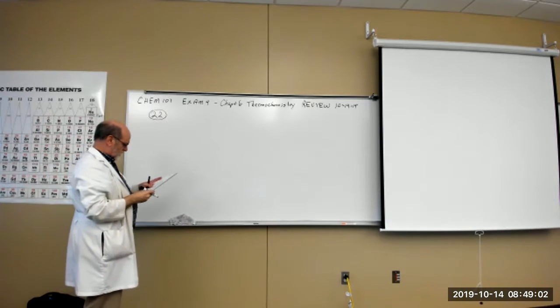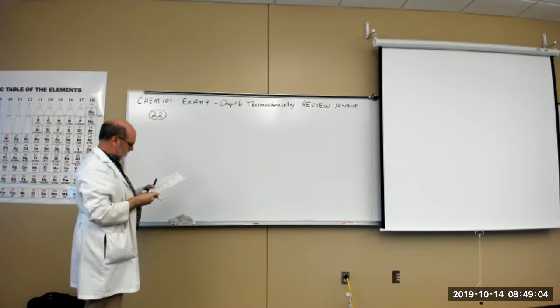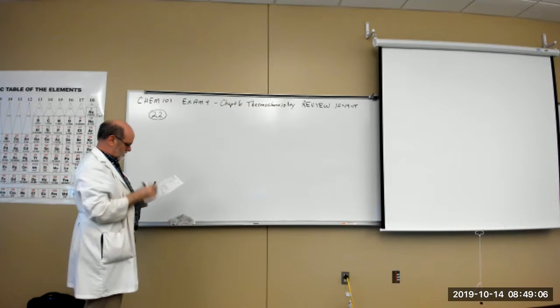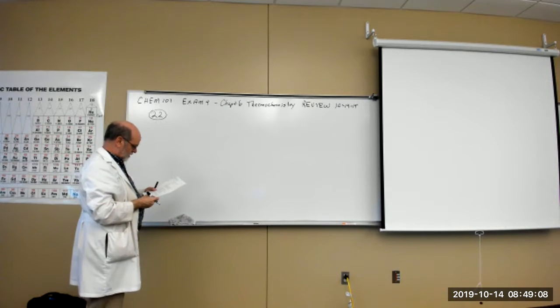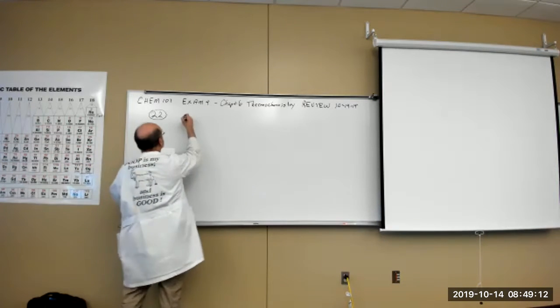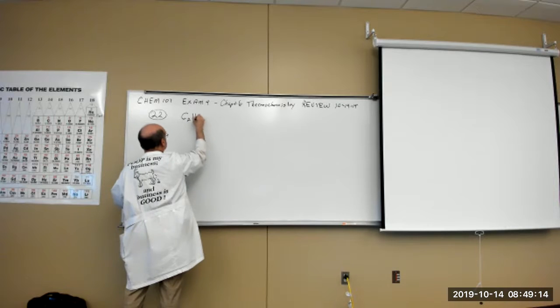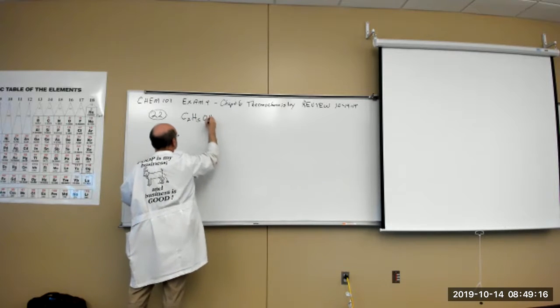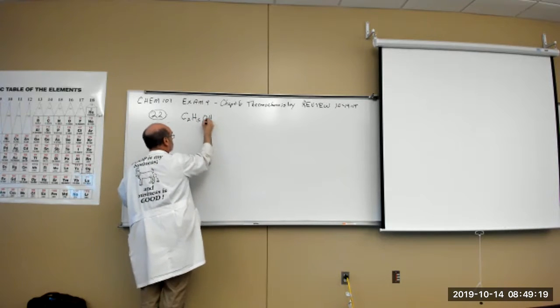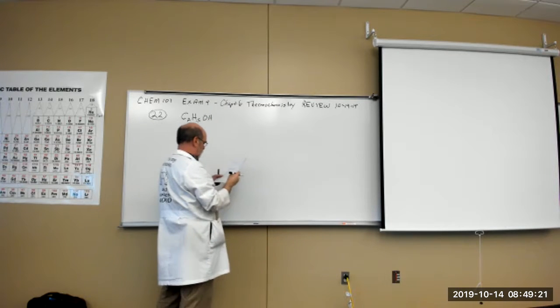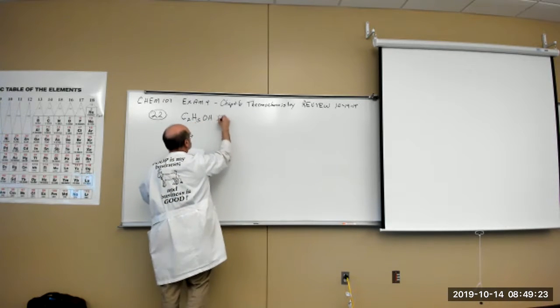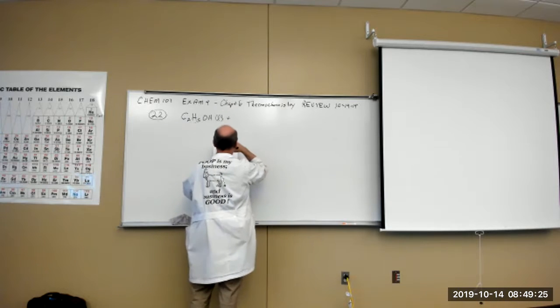So we're dealing with the combustion of ethanol. And let's just write it up here. That's the business end right there. That's what makes you feel funny after a while.